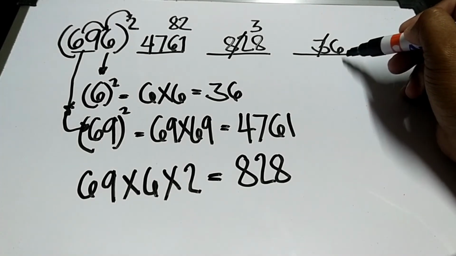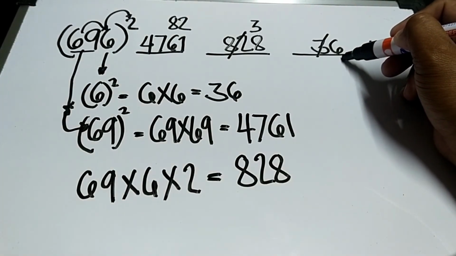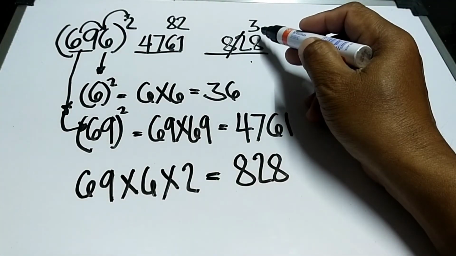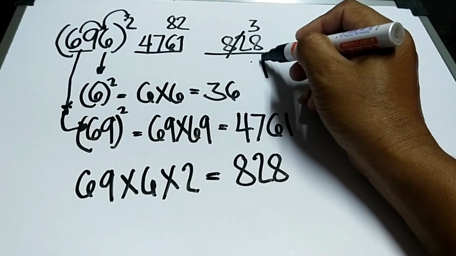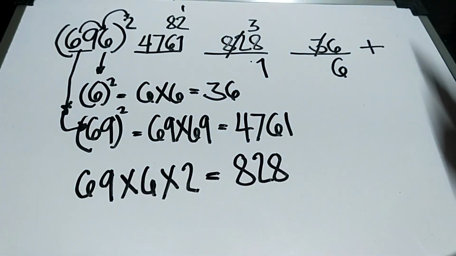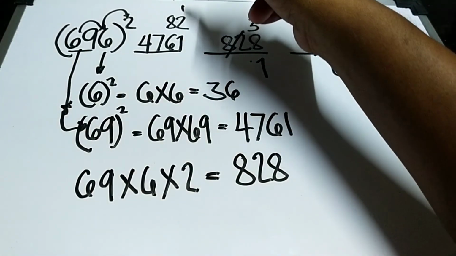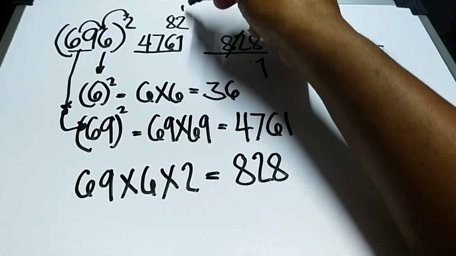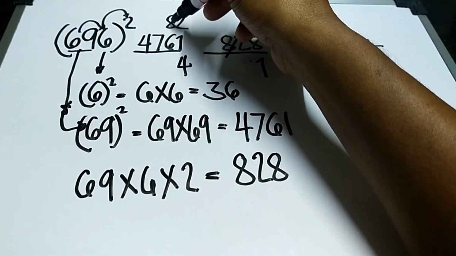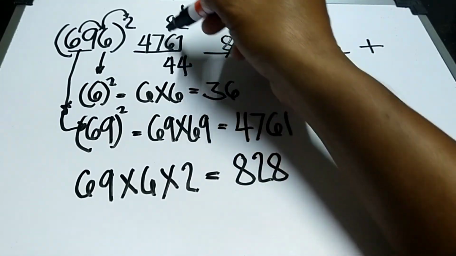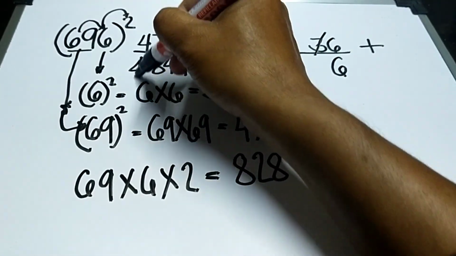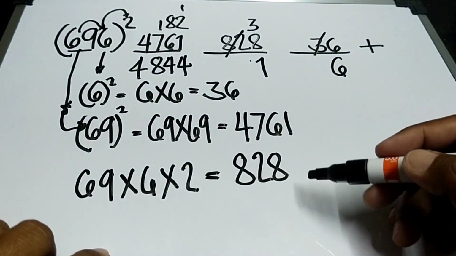Okay, guys, therefore bring down 6. 8 plus 3 is 11. Okay, bring down 1. Carry over 1. Then this is equals to 4. This is 14. 1. This is 8. This is 4. Okay, guys.